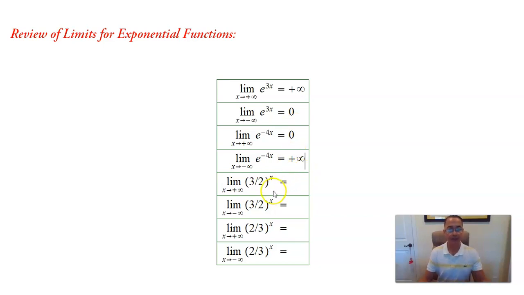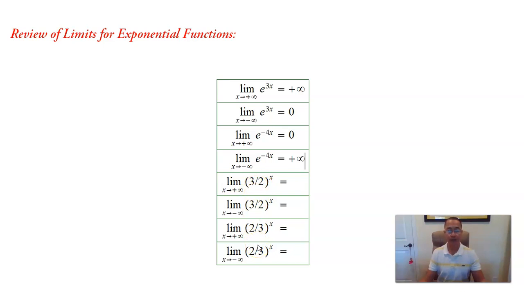Now for these general exponential functions, I deliberately gave you two bases which are reciprocals of each other. One of them is 3/2. Its reciprocal is 2/3. So what makes them different from each other? Well, 3/2 is bigger than 1, but 2/3 is smaller than 1.